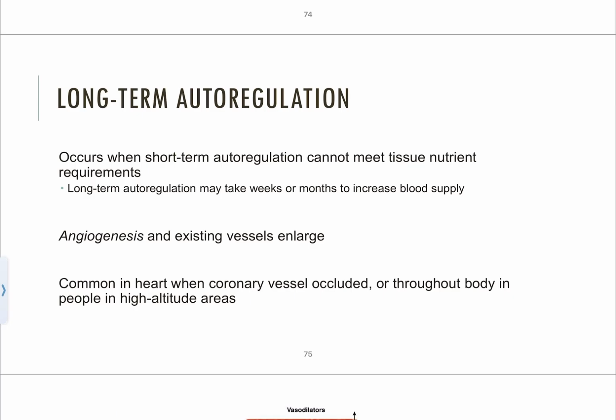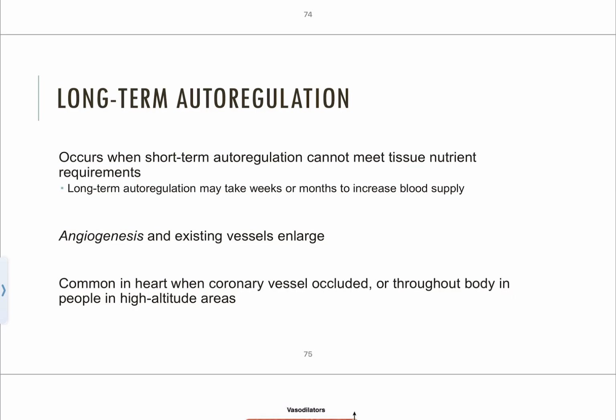Long-term autoregulation causes something called angiogenesis. And it's also going to cause our existing vessels to enlarge. Angiogenesis is the process where we are increasing the number of blood vessels in that particular region. So certain chemicals are released that cause blood vessels to grow towards that specific area.